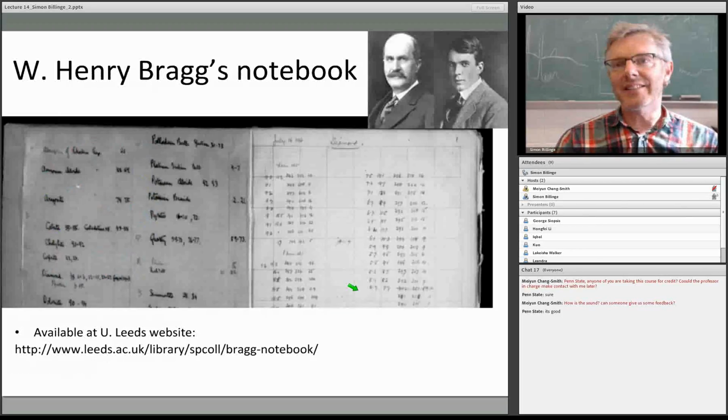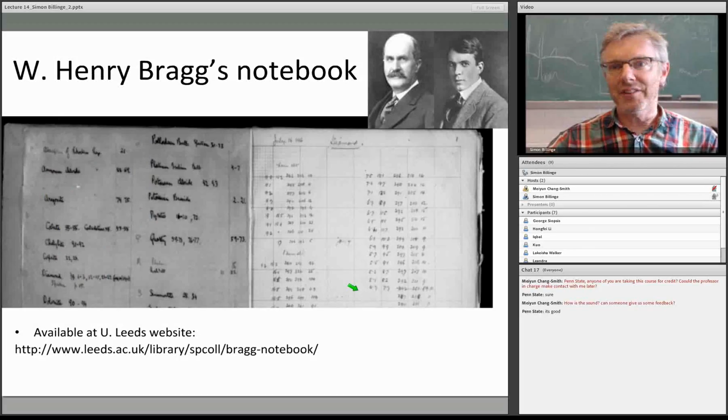It's almost exactly 100 years since the first structures were solved, and they were solved by the Bragg father and son team. And actually, it's pretty cool. You can go to the library of Leeds University. This is where the Bragg senior was working, William Henry Bragg.